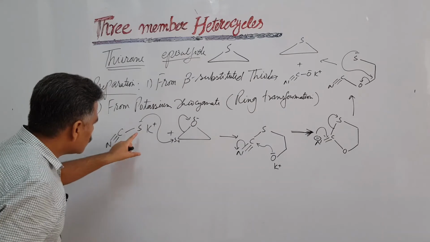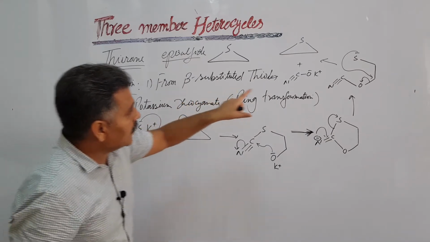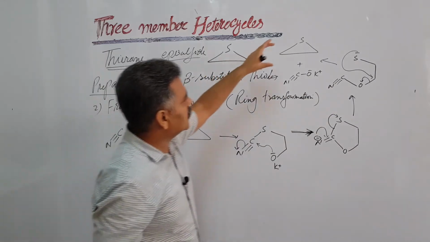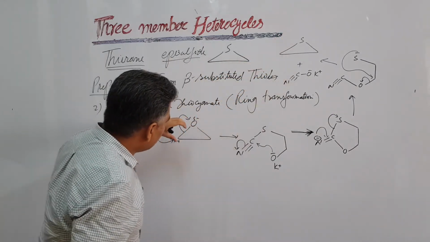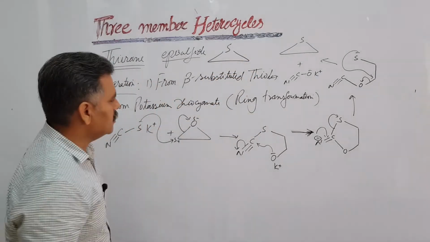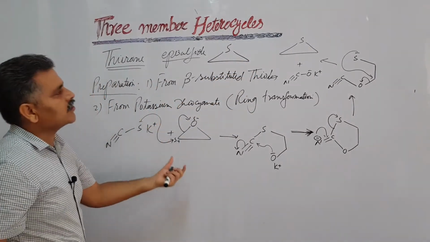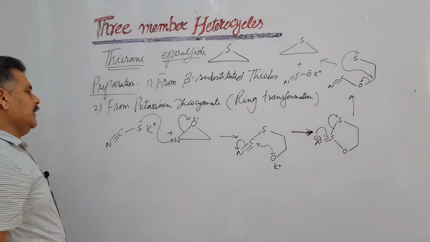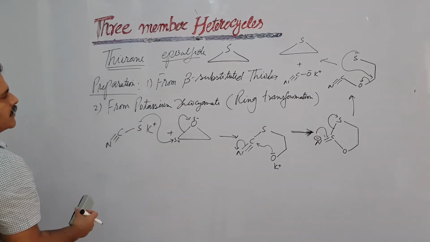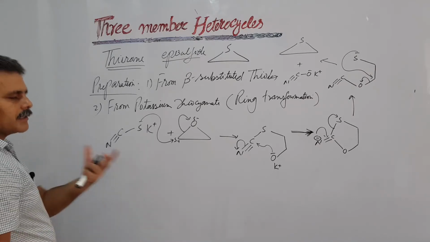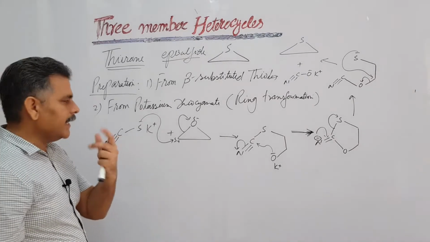So this potassium thiocyanate is converted into potassium cyanate and this oxirane is converted into Thiirane. That's why this reaction is referred as ring transformation reaction in which oxirane ring is converted into Thiirane in the presence of potassium thiocyanate. So let's discuss another reaction in which we construct 3-membered Thiirane ring.